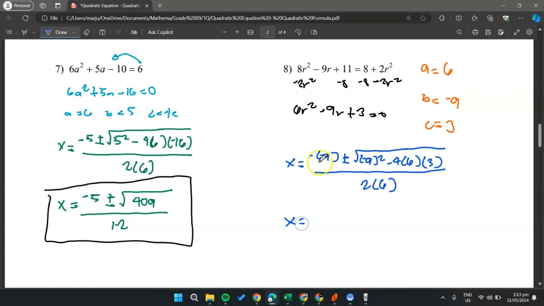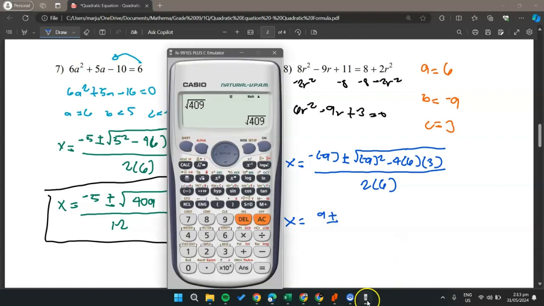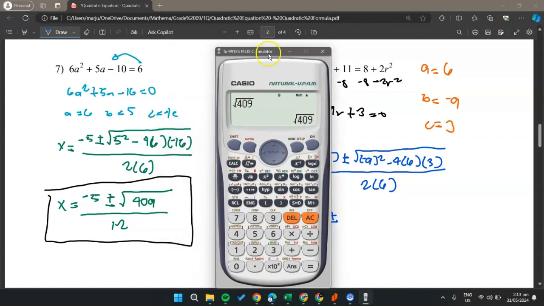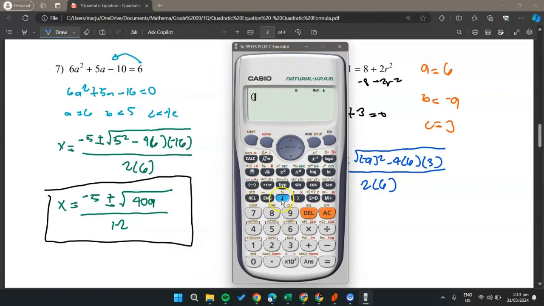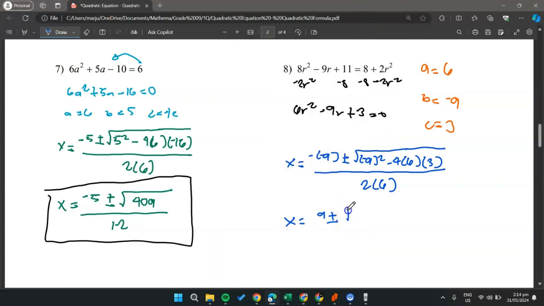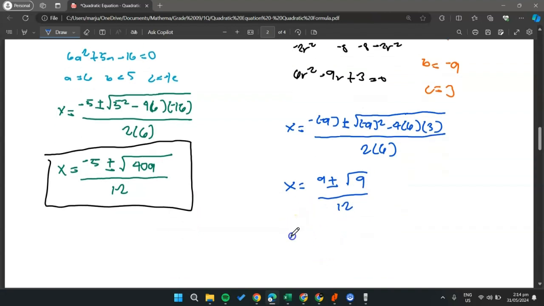So x is equal to negative of negative 9, that is positive 9, plus minus the square root of negative 9 squared minus 4 times 6 times 3. That gives you 9, so we now have the square root of 9 all over 12. The square root of 9 is 3, so we'll do 9 plus minus 3 over 12.